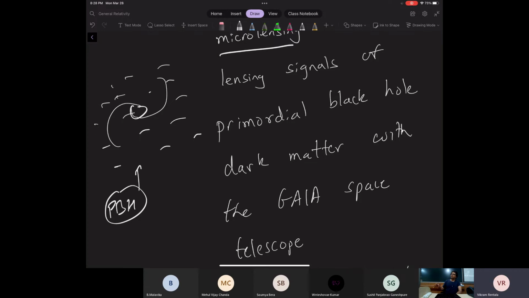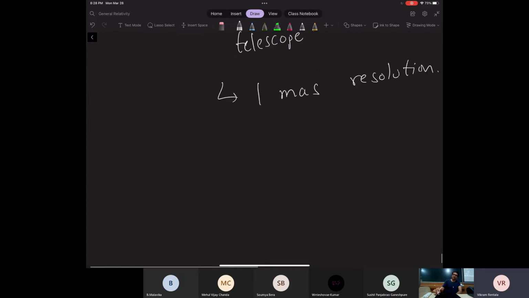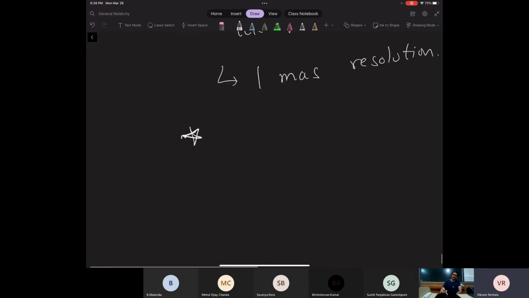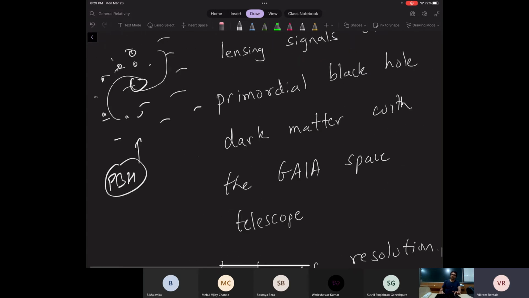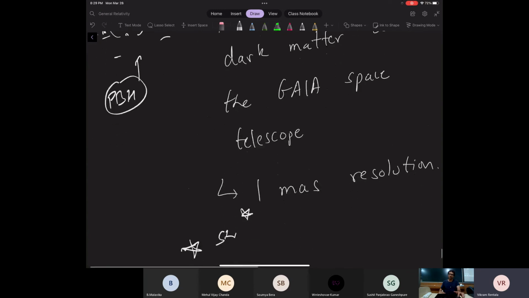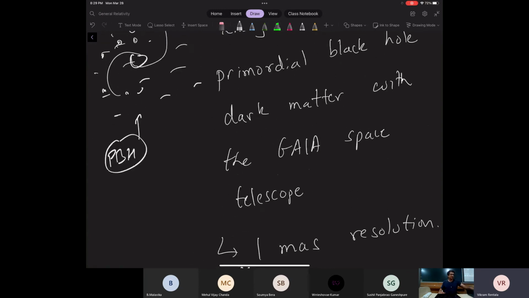Now, if the dark matter in our galaxy is really made up of these primordial black holes, then when we look at distant stars, if somehow a primordial black hole passes between us and the star, it will cause a bending of the trajectory of this star. Now, how can we detect such a bending of this star? So let me show you a little movie, which a PhD student of mine made, which will help you understand what the effect is.